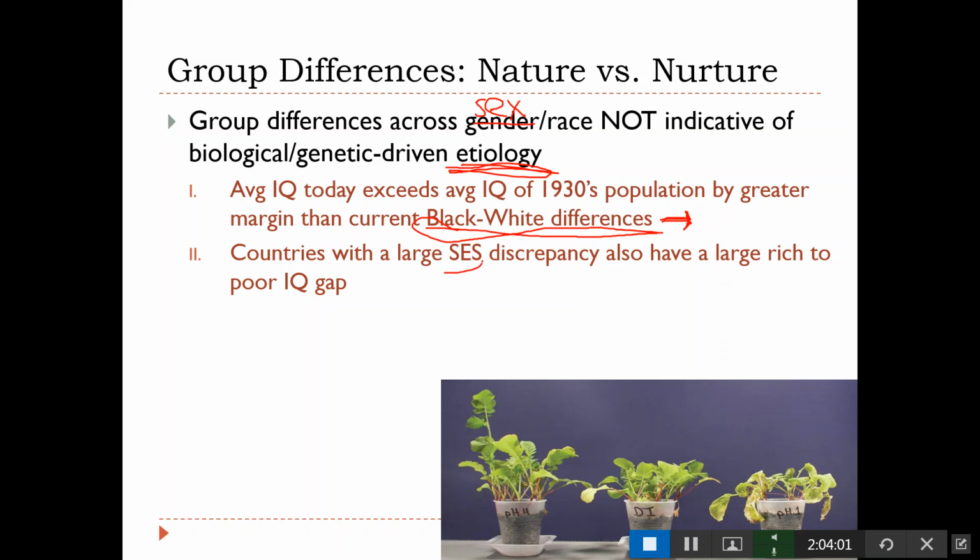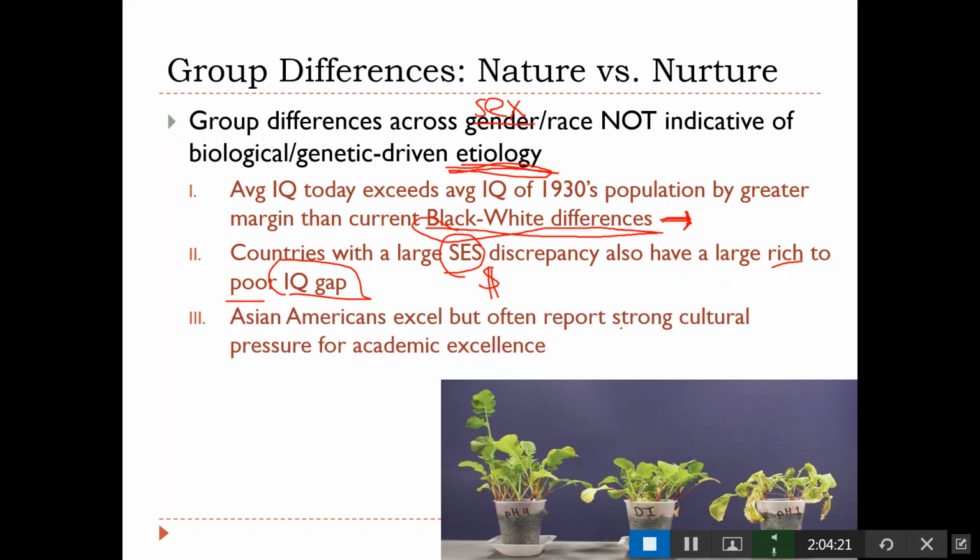So in other words, countries where you only have like a high class and low class and nobody in between in terms of socioeconomic status, cha-ching, how much money they're making, right? Then they also tend to see a bigger IQ gap between who are poor and who are rich, meaning there might be something going on environmentally early on that's affecting their IQs, okay?